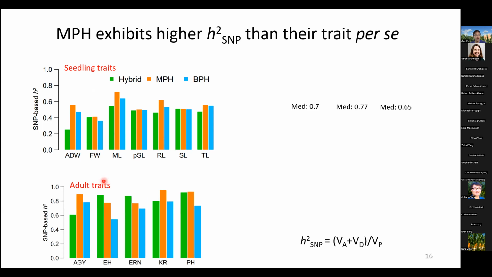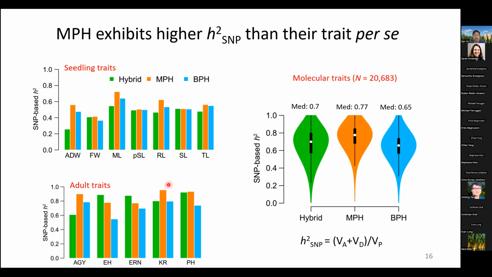And adult traits also show a similar pattern. We find a higher SNP-based heritability for the middle parent heterosis of adult traits. And we also calculated the SNP-based heritability for each gene in hybrids and the two heterosis traits.